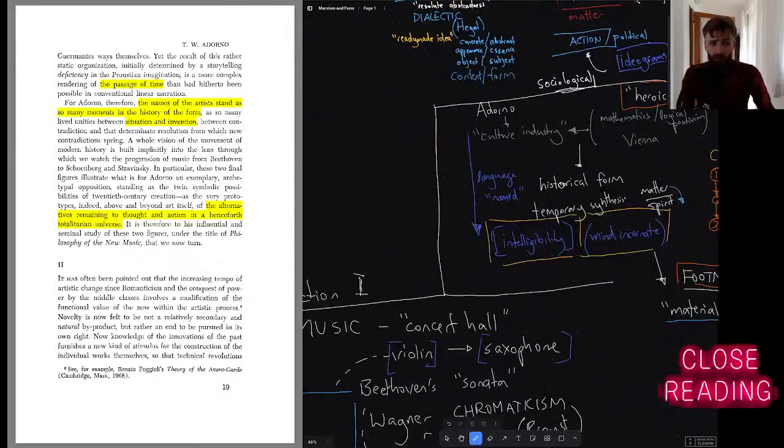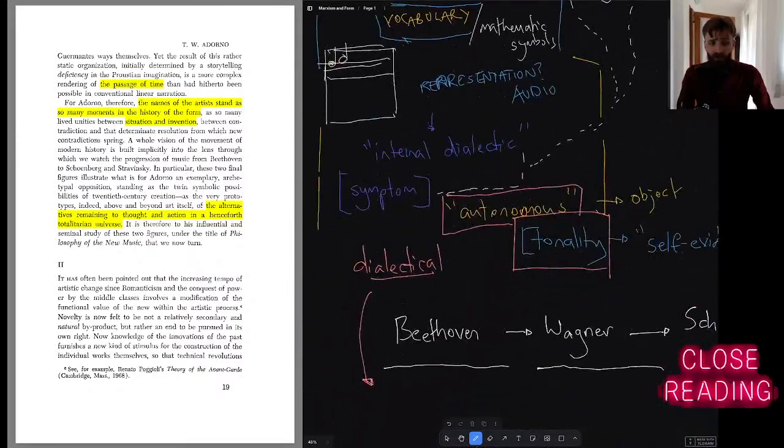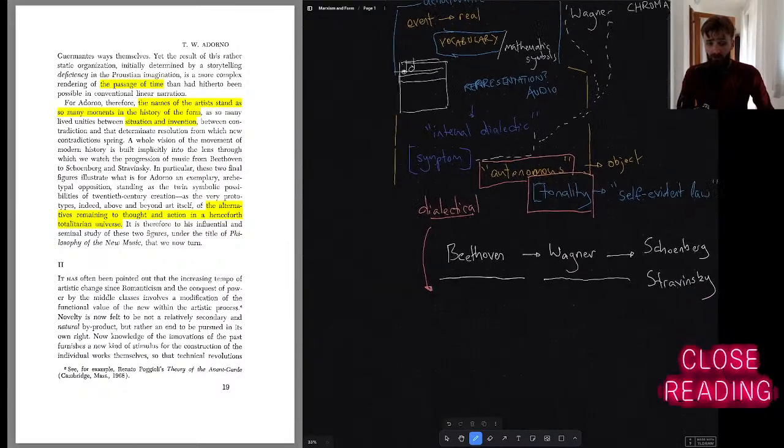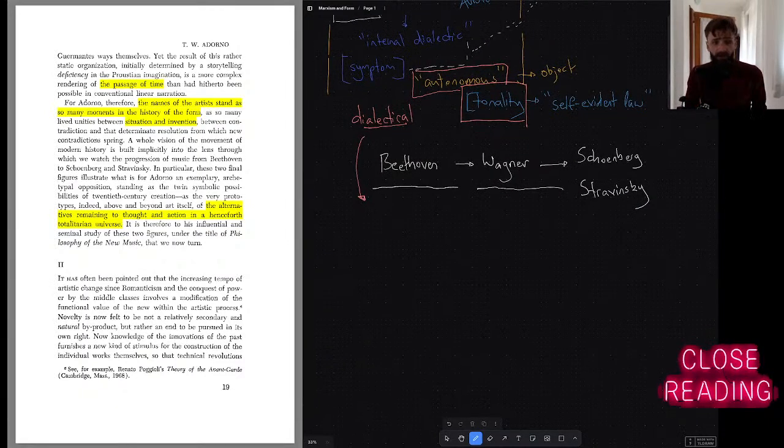So when we talk about the way in which these composers for Adorno show us something about the structure of dialectical reality, we will come to be interested in what they show us of subjectivity, of the relation of the subject to the world, and of objectivity, of when and why the world determines the subject, or when and why conditions determine the way that we think about reality.